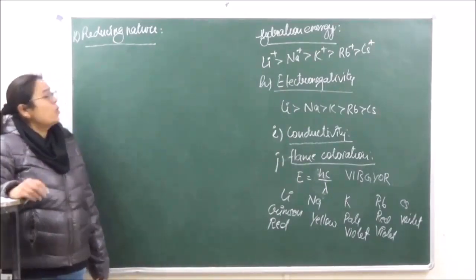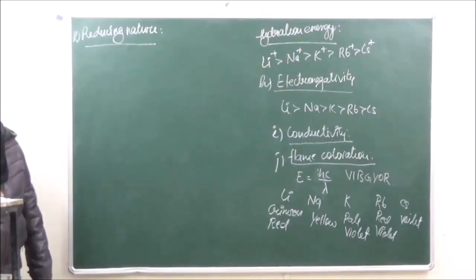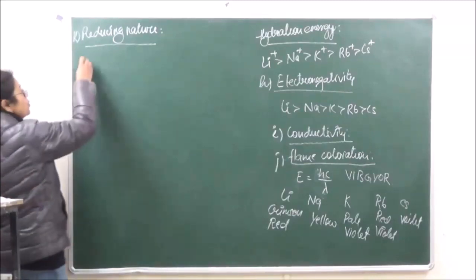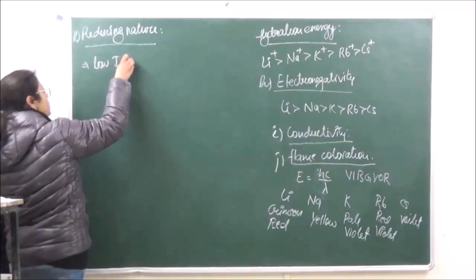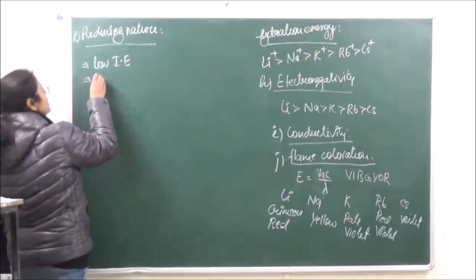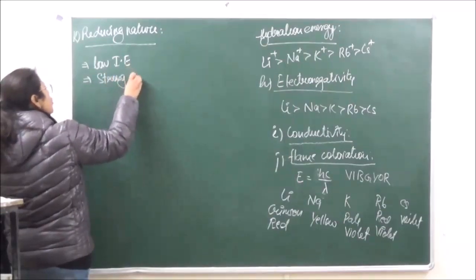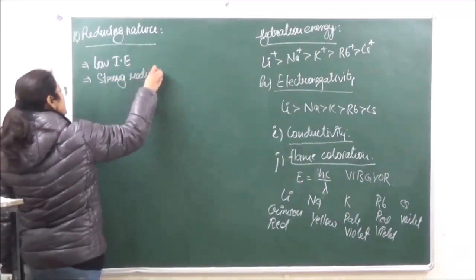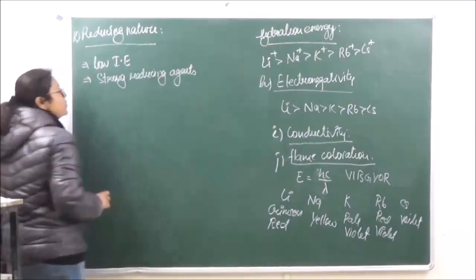So when we are talking of reducing nature over here, the reducing nature of the element is due to the low value of ionization energy. Because they all have low value of ionization energy, they are going to behave as strong reducing agents.